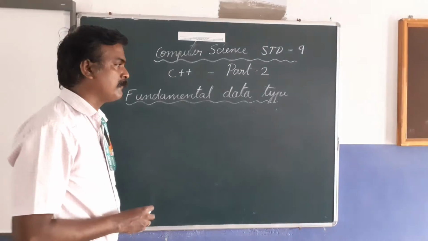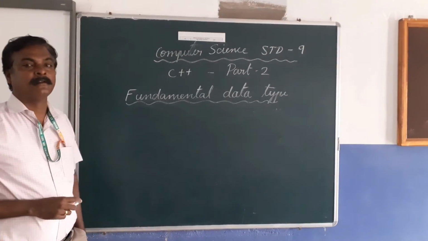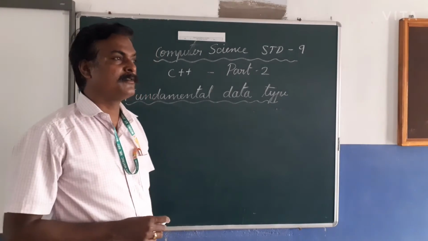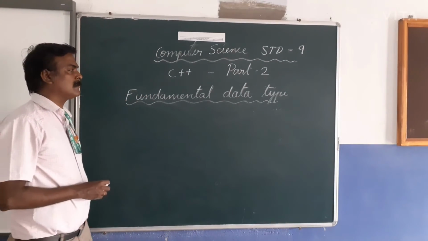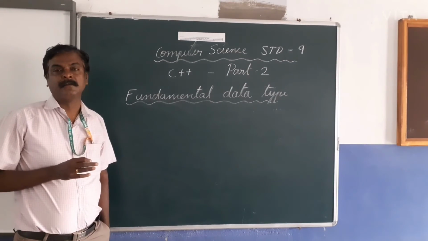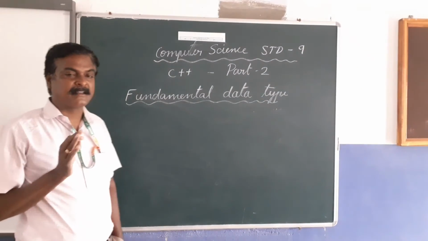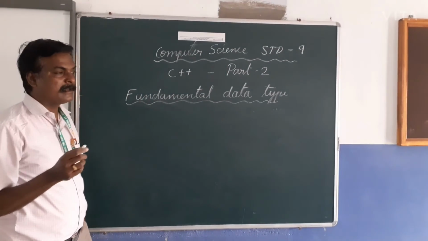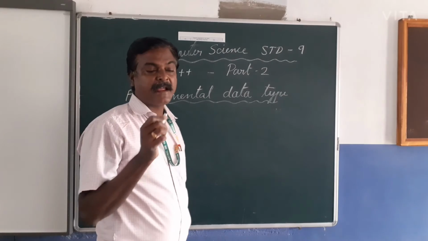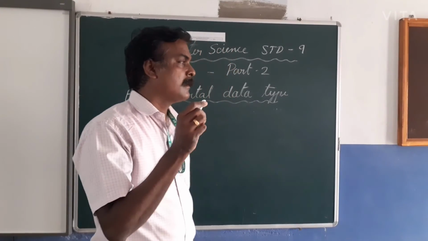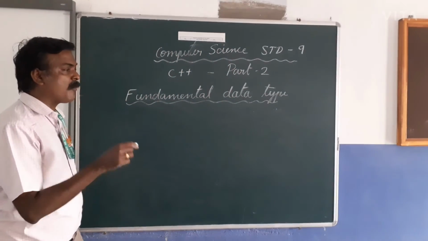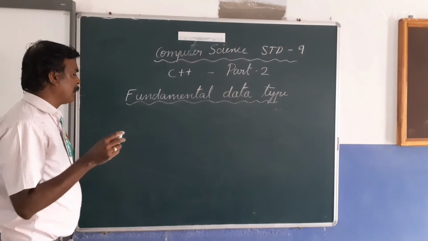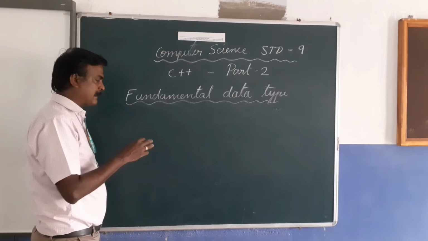So what is called a data type? When we are programming, we need to store some data in the computer. So the computer should understand what kind of data you are going to store and the number of bytes occupied by the data type. According to that, we have different data types.